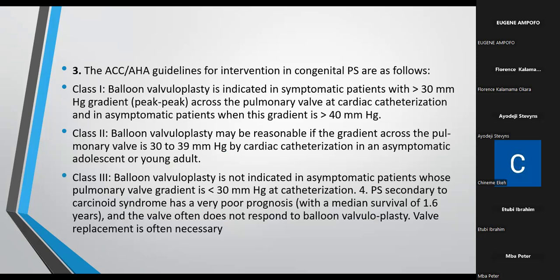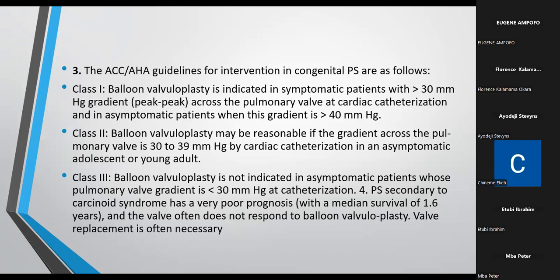And then according to the ACC and AHA, class 1 balloon valvuloplasty is indicated in symptomatic patients with gradients more than 30 millimeters of mercury, that is peak to peak across the pulmonary valve during cath, and in an asymptomatic patient with this gradient greater than 40, that's class 1.